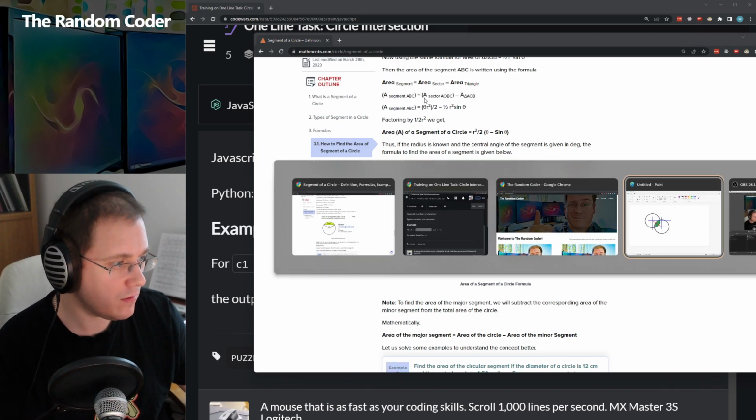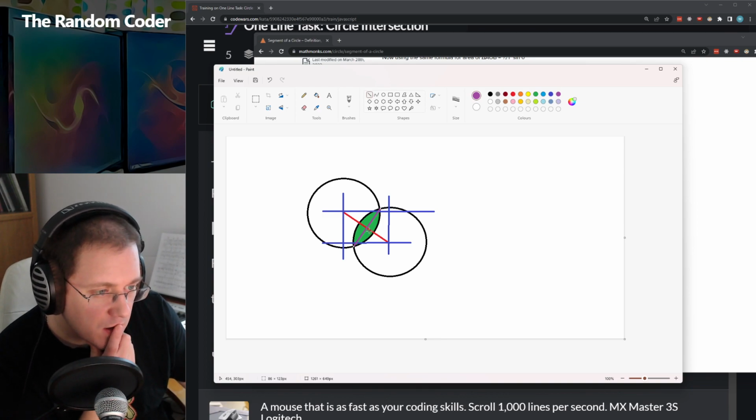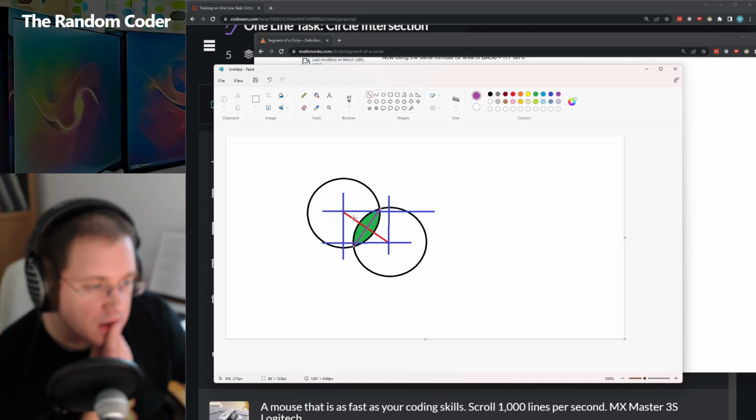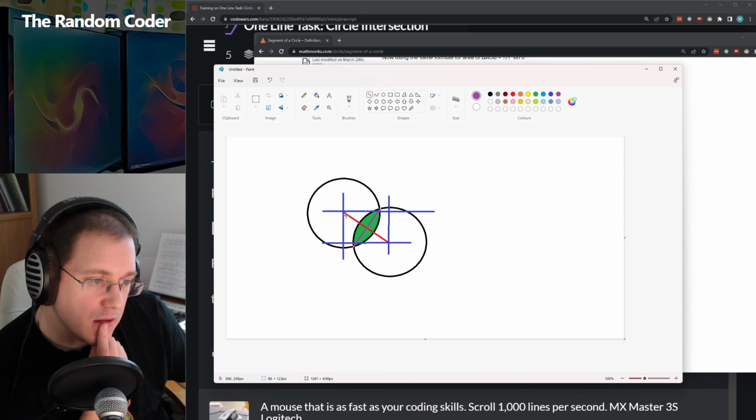So here then, once we have this length, well, the full length, we can halve it to get the length here, which, if I'm not mistaken, this length only will give us the angle.